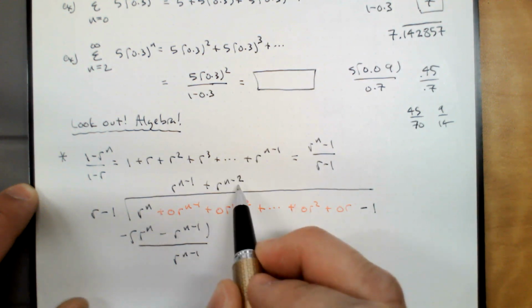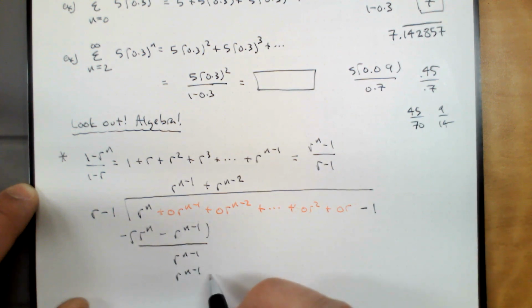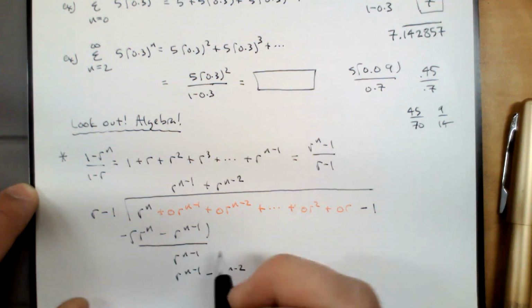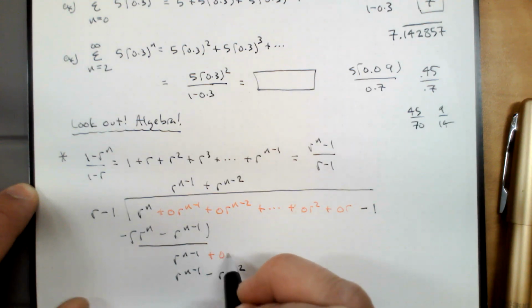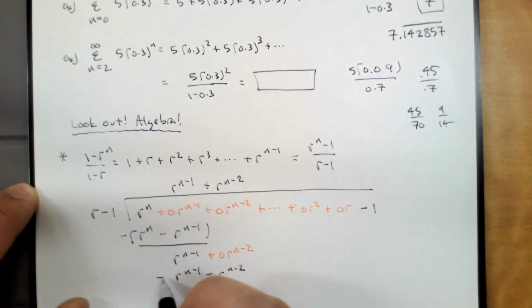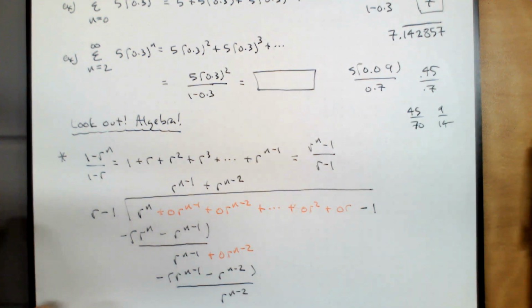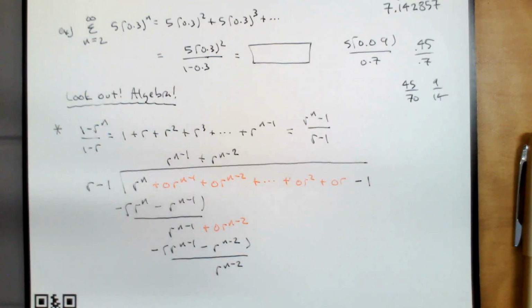So if I multiply r to the n minus 2 times r minus 1, I get r to the n minus 1 minus r to the n minus 2. We're still subtracting this from... so we can see the long division is going to tell us the same thing.